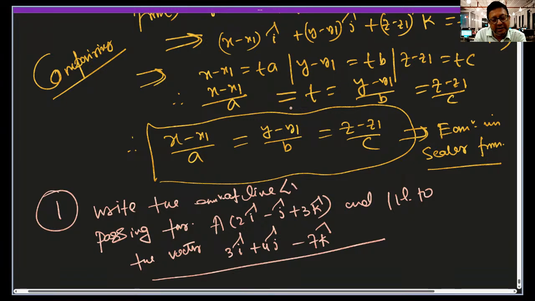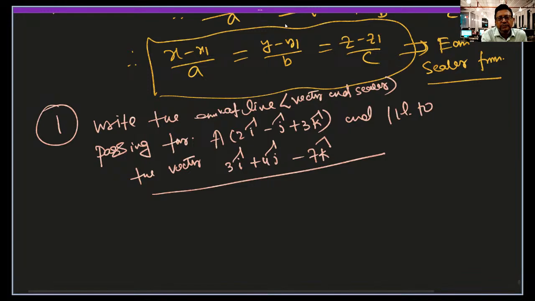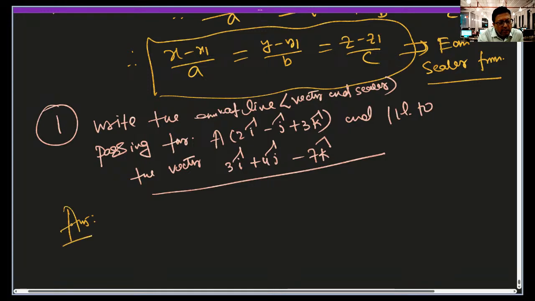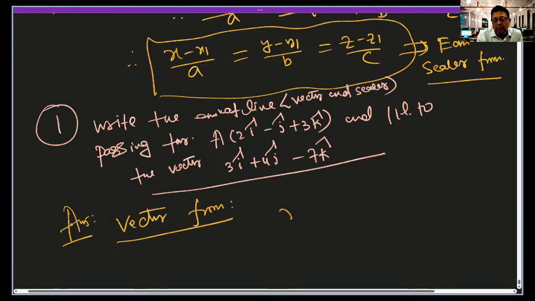Equation of lines, scalar and vector both. You can write the answer in one line only, isn't it? How to? r equal to a plus t b. a is this.